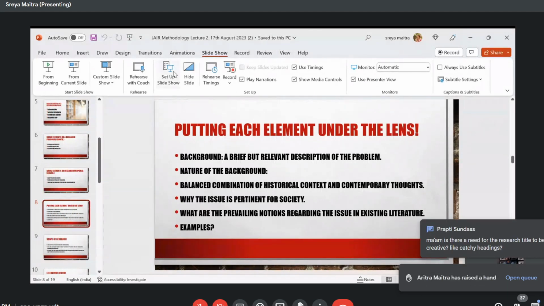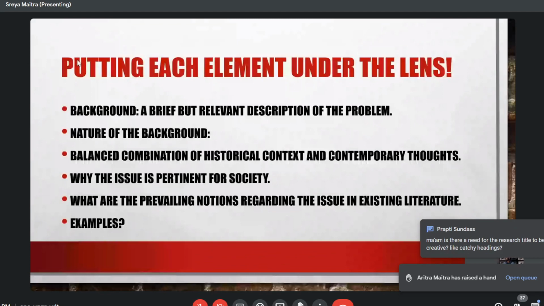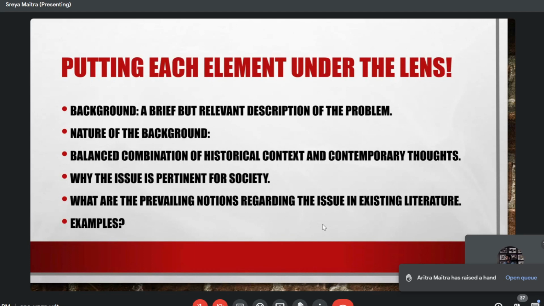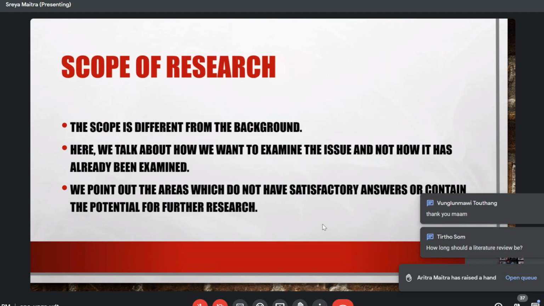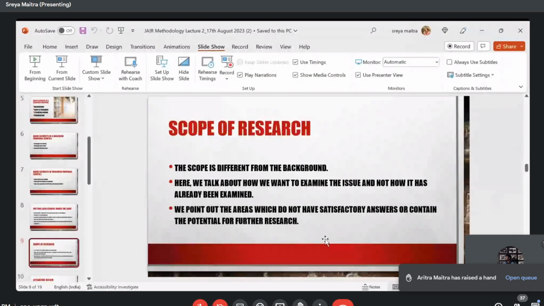Yeah, that's the background. Can you see it? I hope you can see it. And that's the scope. Okay.